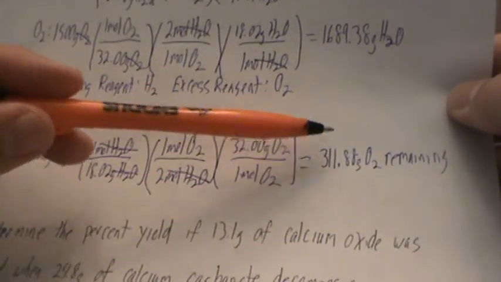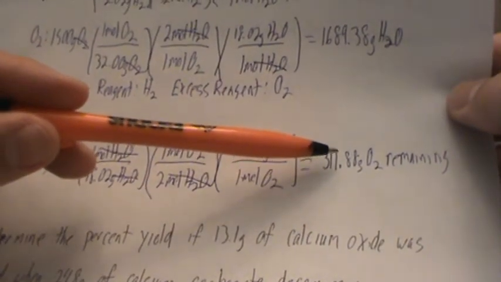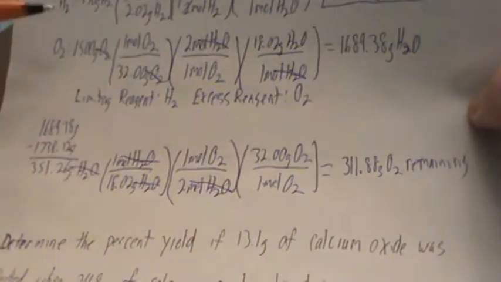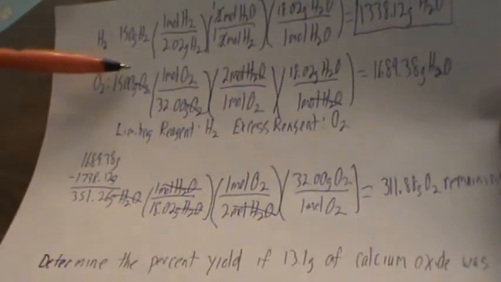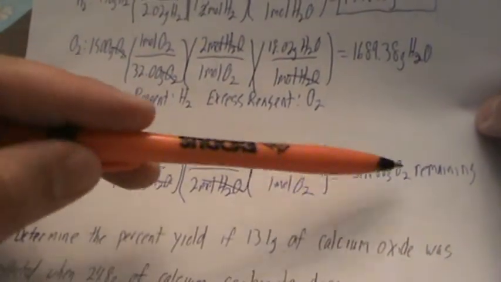Now, why would we need to figure out how much of the excess remains? Chemicals cost money. If you're working as a chemist, companies want the chemist to use up all the reactants, not having anything left over. Because let's say this is $311.88. Every time you run this reaction and start off with these two amounts, you would be wasting $311.88.